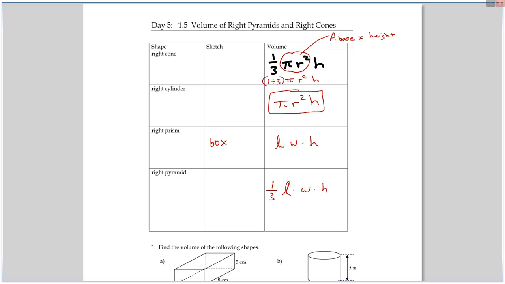Okay, and again, I'll show you this relationship. What is LW? Length times width. That's the area of a rectangular base. And then you just times it by the height. Okay? So area of a base times height.